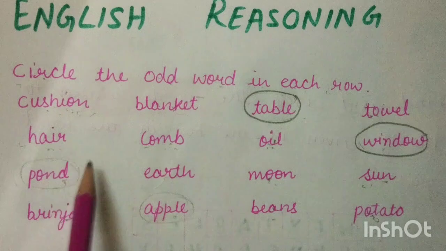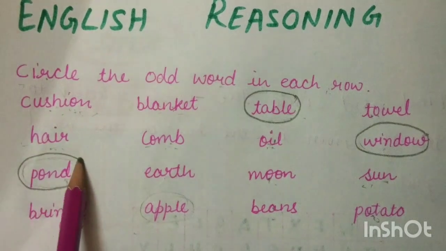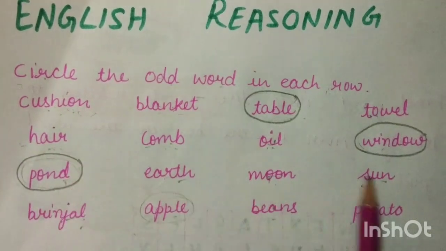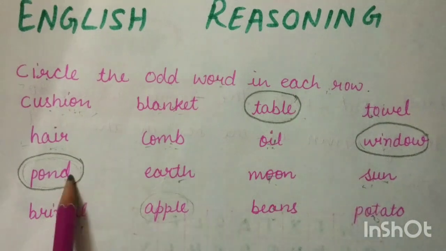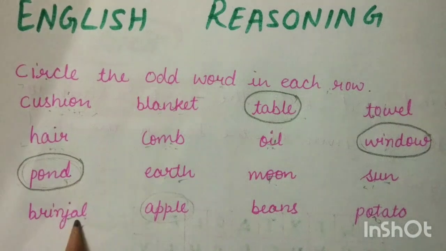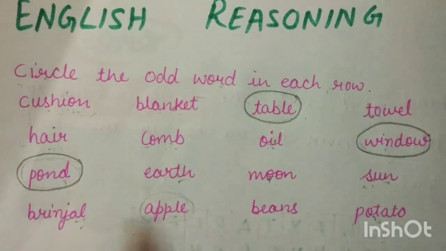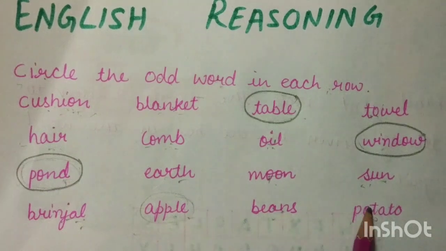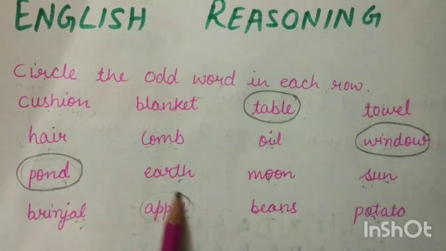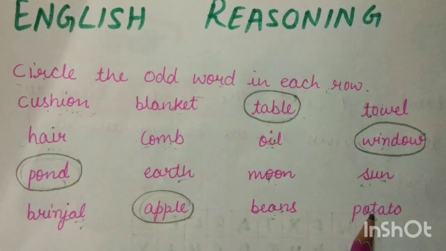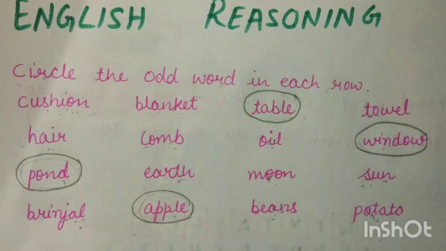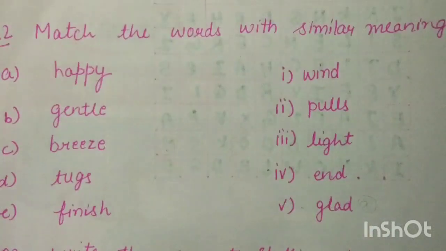We all know that pond is the name of a water body and earth, moon, sun are names of planets. So pond is the different one. In D part, brinjal, apple, beans, potato is given, where apple is the name of a fruit and the others are names of vegetables. I hope you understood. Now come to question number 2.